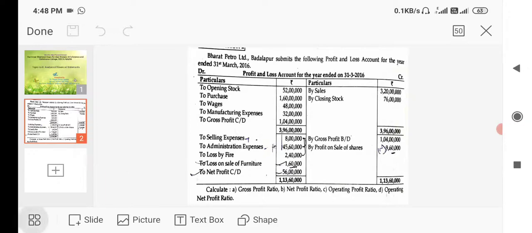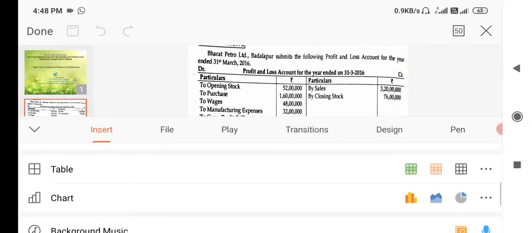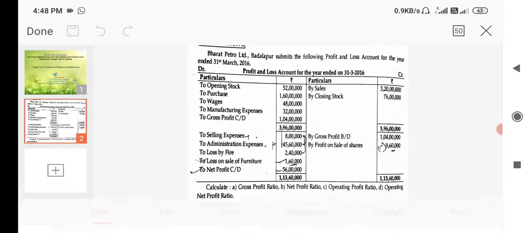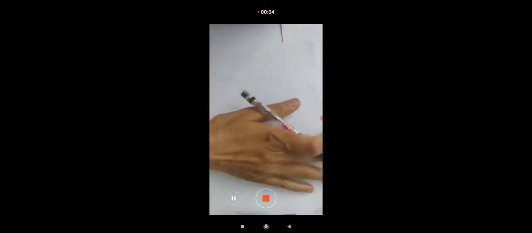Okay, so firstly we calculate gross profit ratio. Now I write here gross profit ratio.